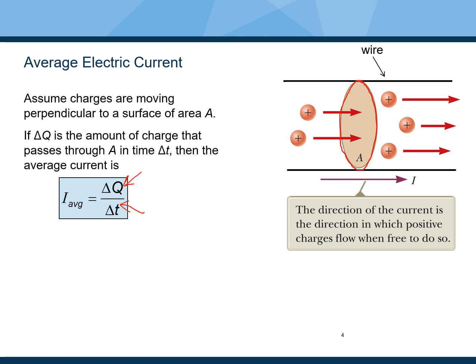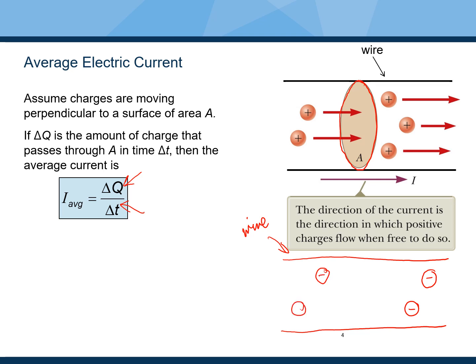So you can imagine an analogous situation to the one shown above: a wire, and in this wire you have negative charge carriers, and these charge carriers could be moving to the left. In the picture above, you have positive charge carriers moving to the right. In the picture below, you have negative charge carriers moving to the left.